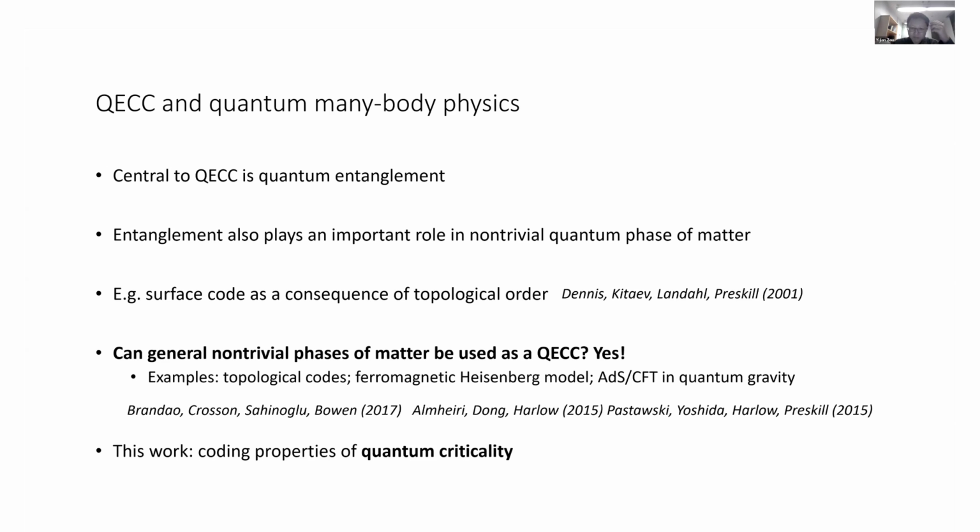So the study of quantum phases of matter can really help you build quantum error correction codes, and also studying the coding properties sheds light on the information theoretic perspective of these phases of matter. That is the perspective that we will take, and we will take this perspective to study quantum critical systems.